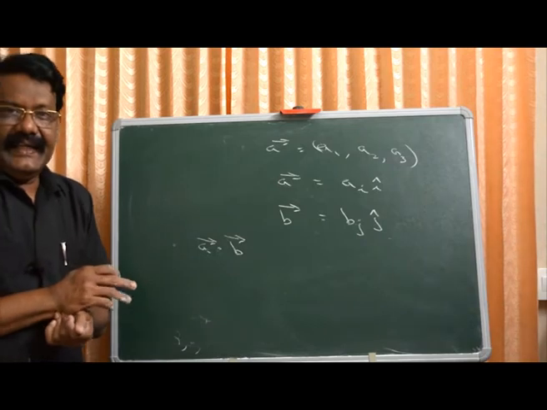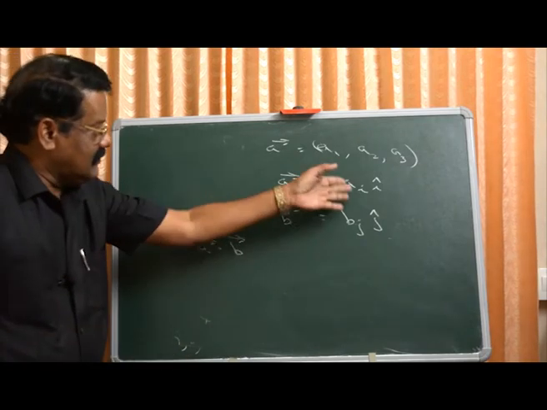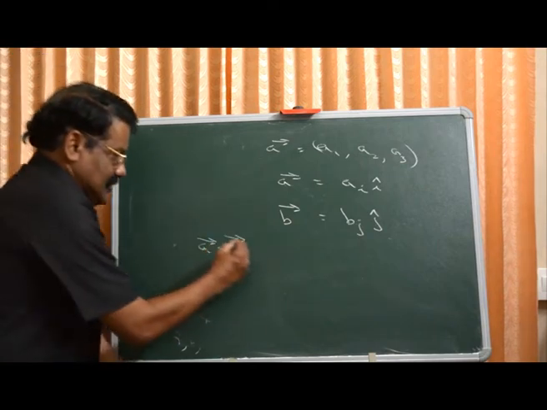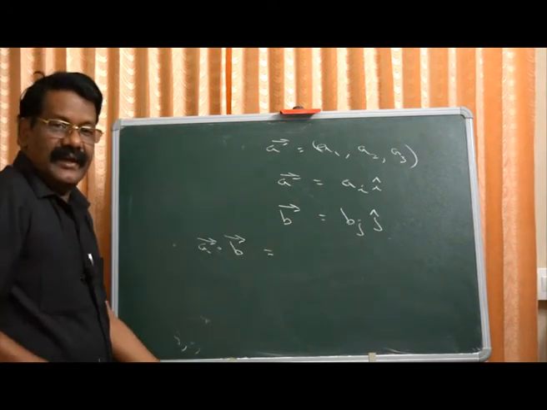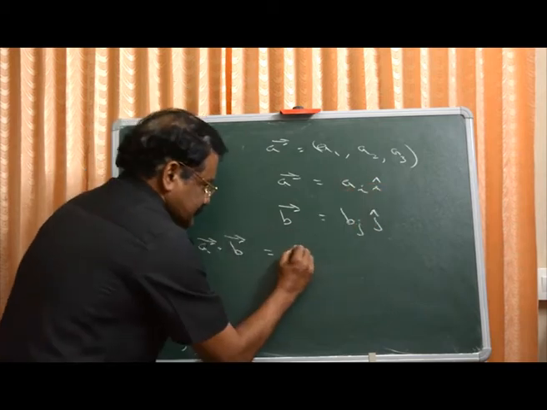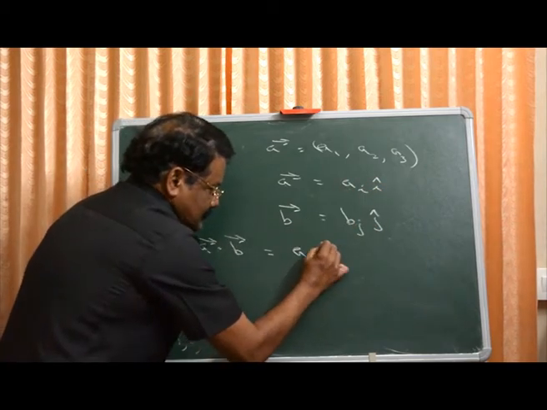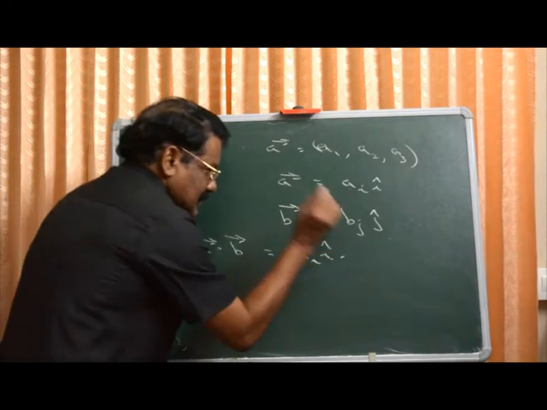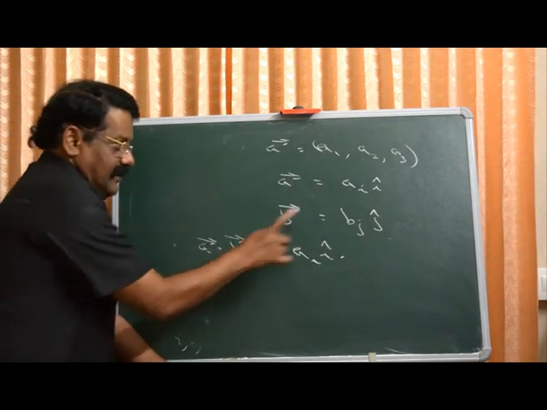Correct? In the terminology of tensor, how can we rewrite this? Look at this. This can be rewritten as A in tensor notation dot B in tensor notation.